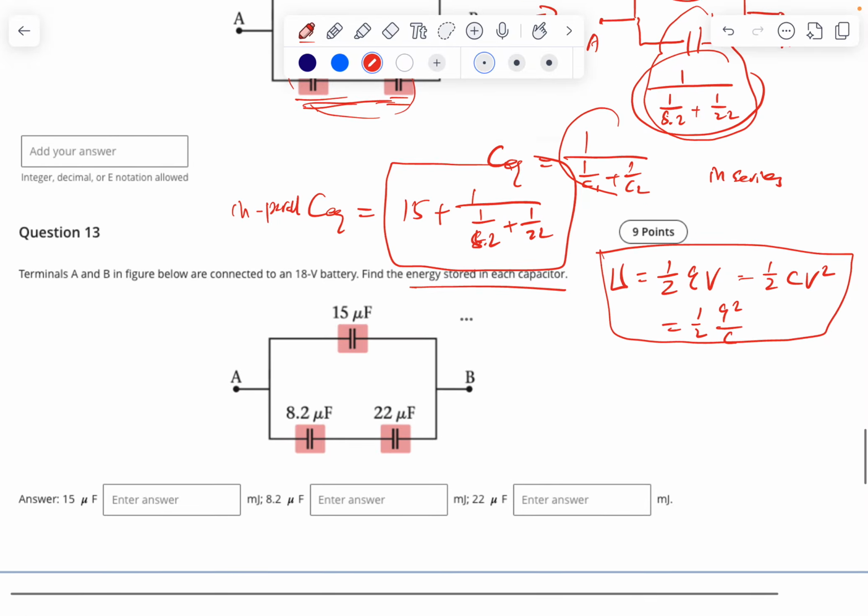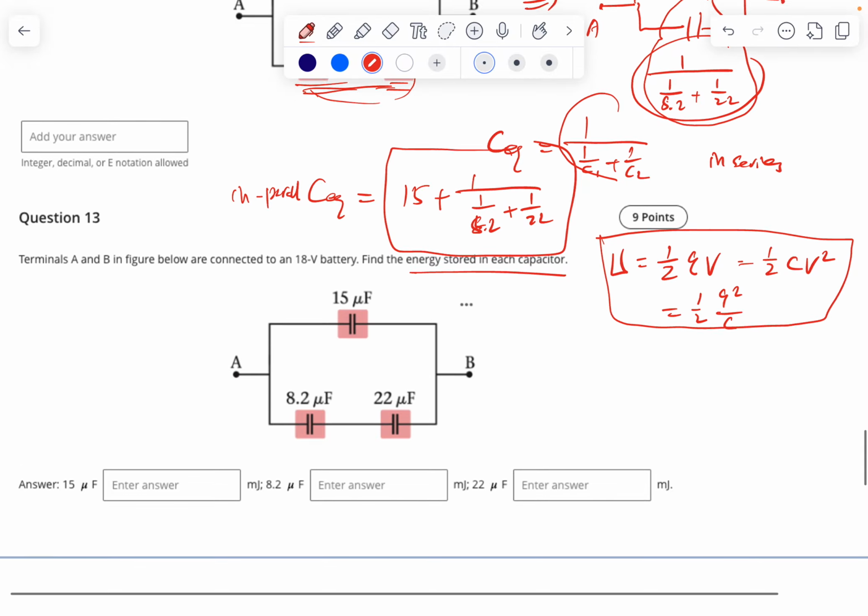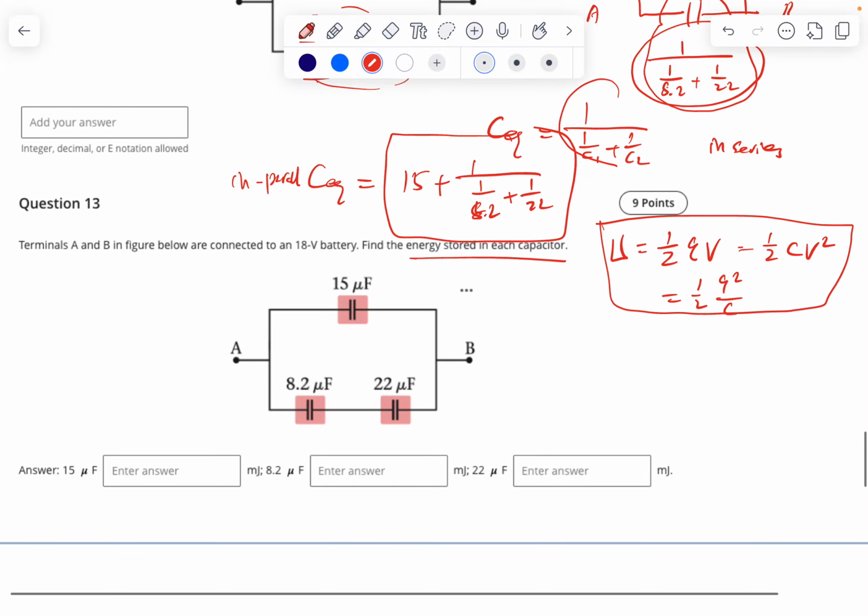Let's see which one is simpler. You get this circuit into the final circuit.